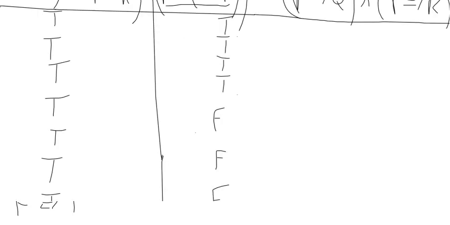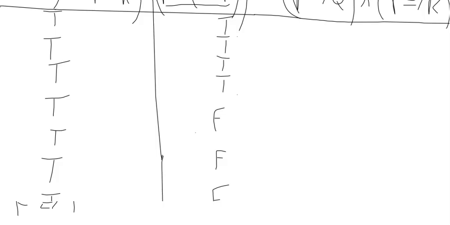And as you can see here, let's see if it's equivalent. If you look at P implies Q and P implies R, we have the whole thing. This whole thing was true, true, true, true, false, false, false, false, for that column.